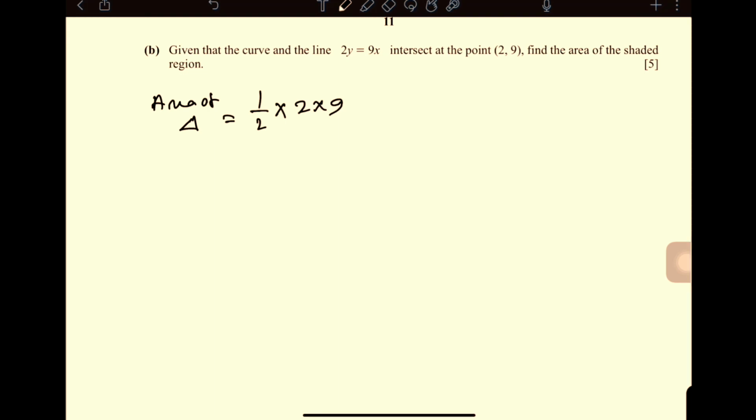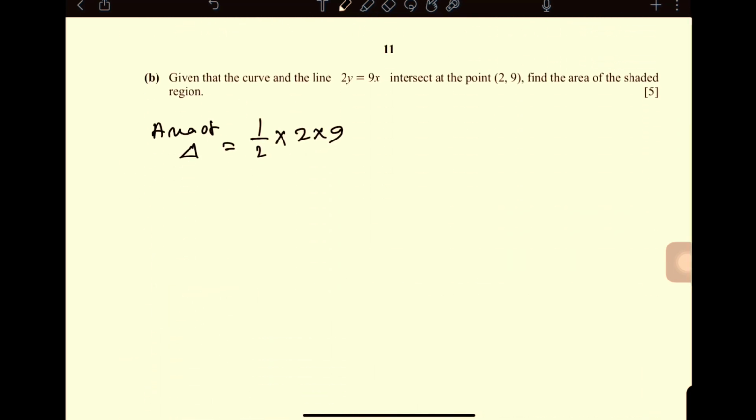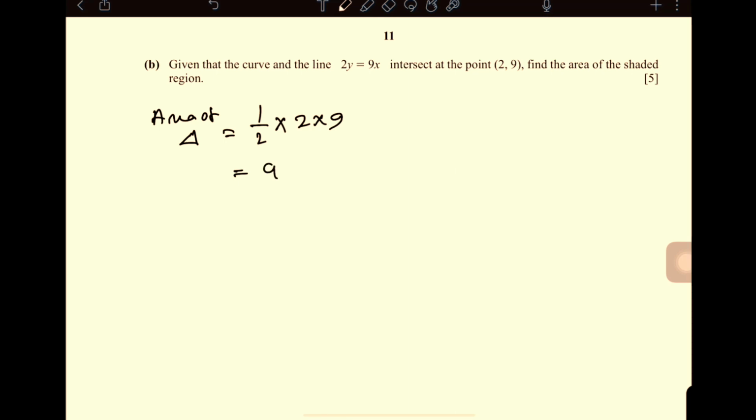Now we need to find out the area under this shaded region. That means we need to integrate this curve from 2 to 4. Okay, let us simplify, it will be 9 unit square.